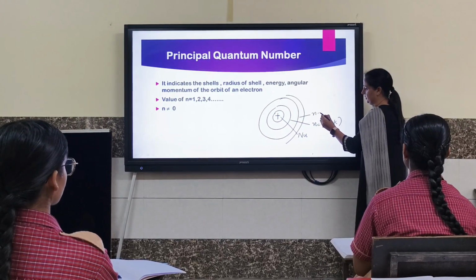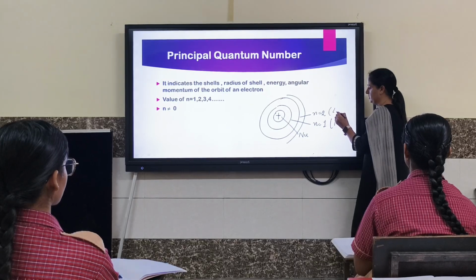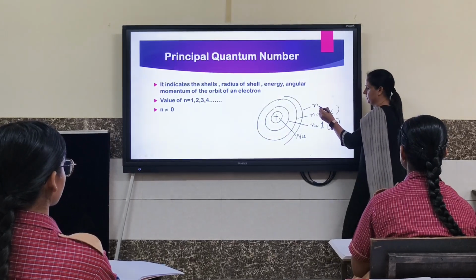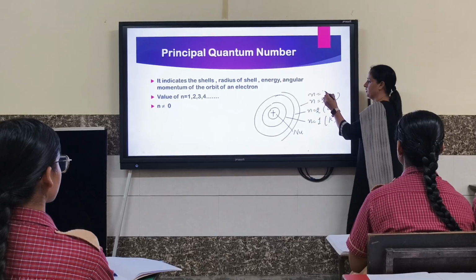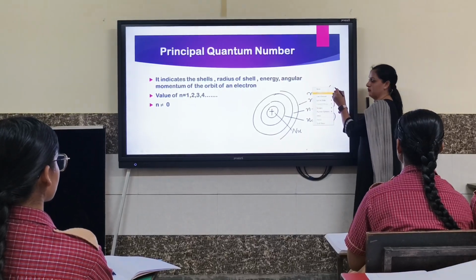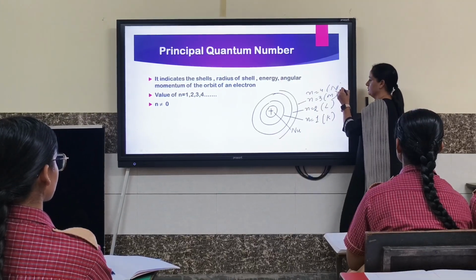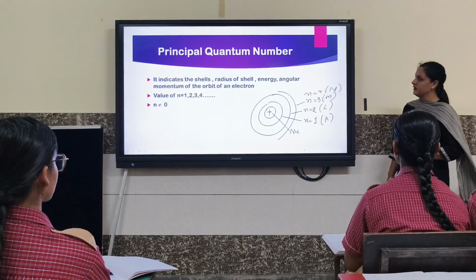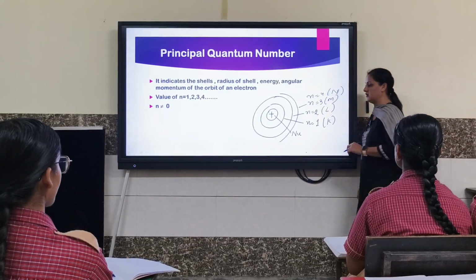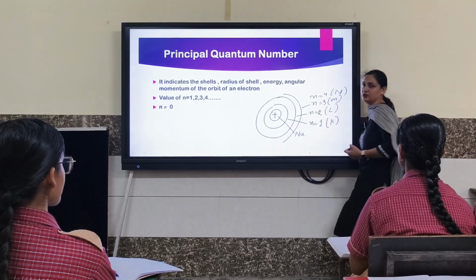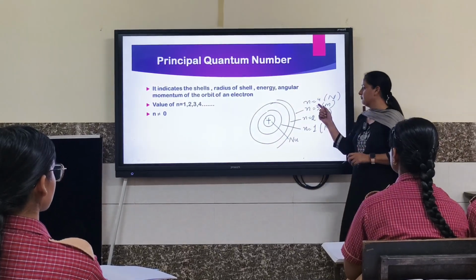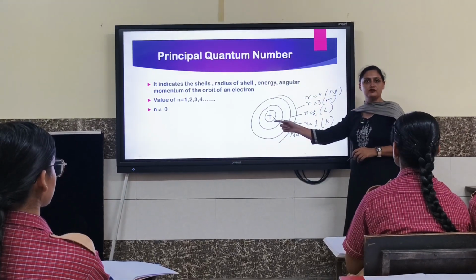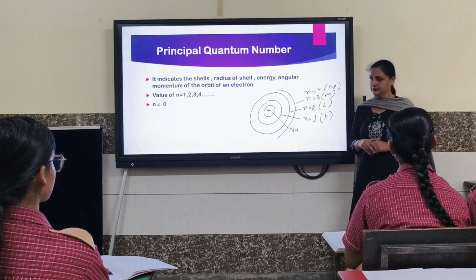And the value of n is 2, the shell will be L. When n is 3, the shell will be M. When n is 4, the shell will be N. Right, beta? So in this way, principal quantum number is basically giving you the distance of the electron from the nucleus. Greater the number of n, greater will be the distance of electron from the nucleus, right?